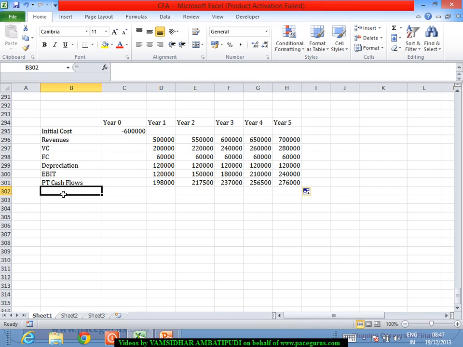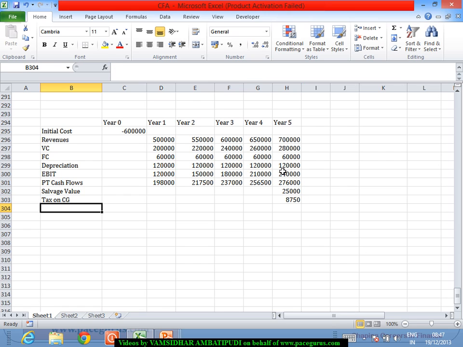And when I talk about the salvage value, I'm planning to sell the asset at 25,000, and if I look at the depreciation, it is entirely depreciated. So this 25,000 is a gain. So for the tax on capital gain, I'm taking 25,000 minus the book value, which is 0, into the tax rate.